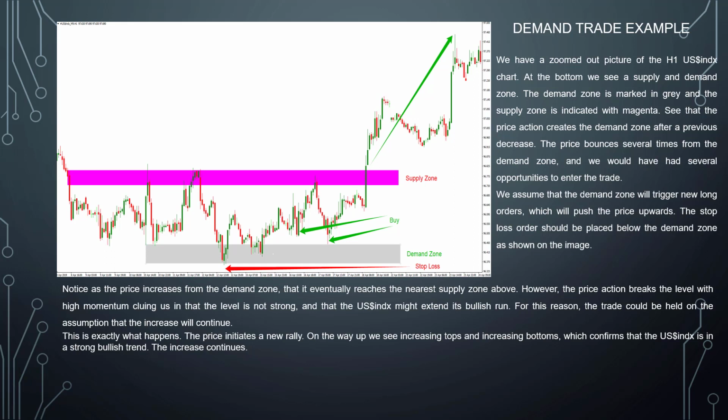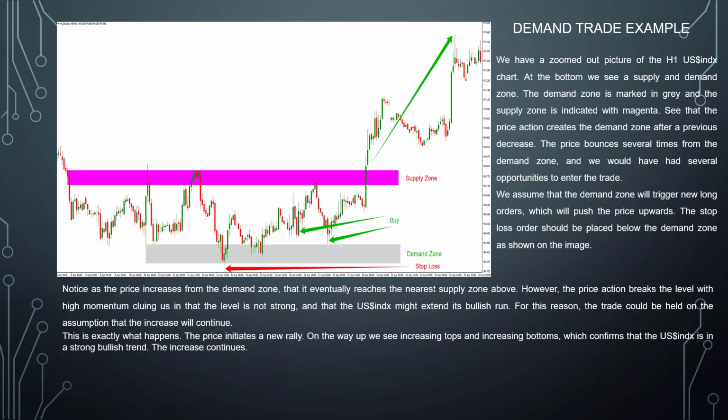However, the price action breaks the level with high momentum, cluing us in that the level is not strong enough and that the dollar index might extend its bullish run. For this reason, the trade could be held on the assumption that the increase will continue.